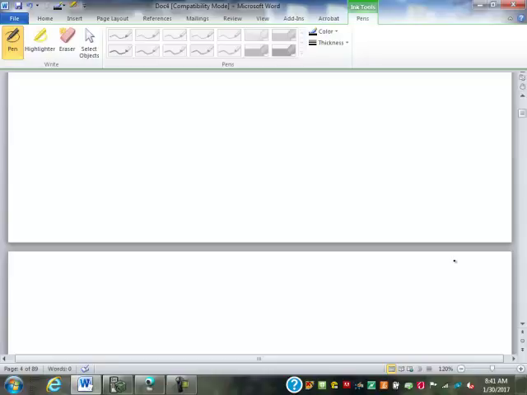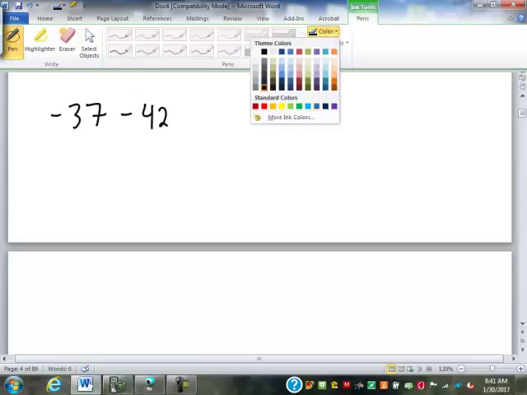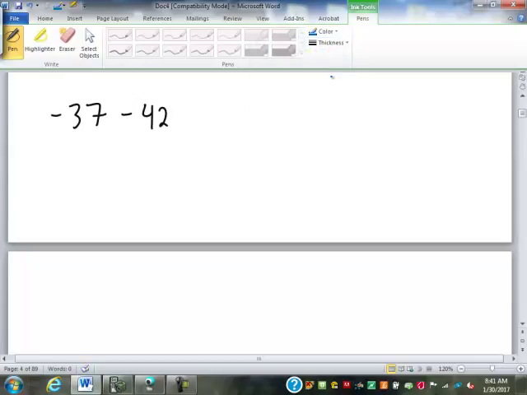We talked about negatives, just a little bit to recall. Think if I have negative 37 minus 42. We change that to negative 37 plus what? Negative 42. It's negative 37, negative 42.